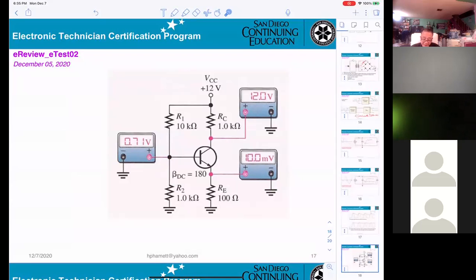And they get at the collector 12 volt. And here they get 10 millivolt. The question is, what caused the problem? Which one is the priority to remove and replace?